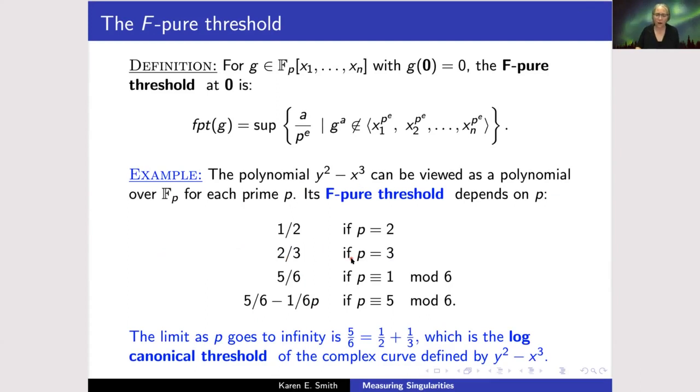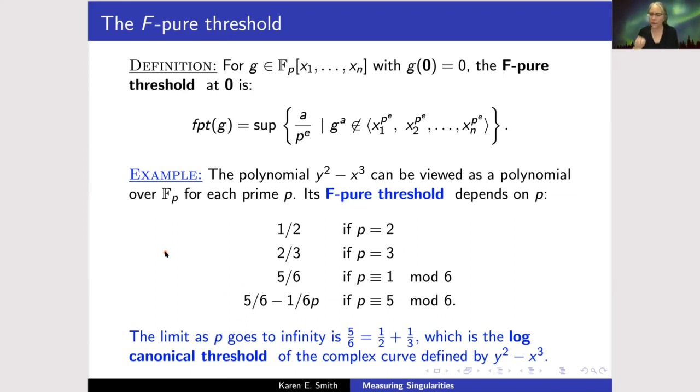So if I look at that same cusp curve, it will be slightly less singular in characteristic 3. And then in higher characteristics, what we see is it is approaching the number 5/6. And 5/6, maybe you remember, that's 1/2 plus 1/3. That is the log canonical threshold of the cuspidal curve, y squared equals x cubed, when I think of it as a complex curve.